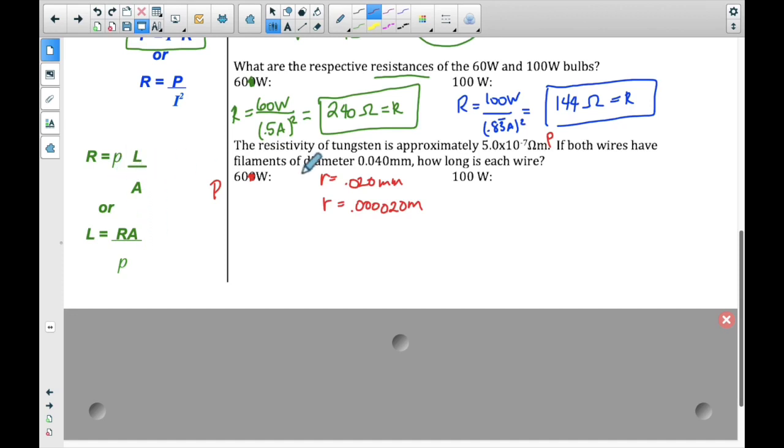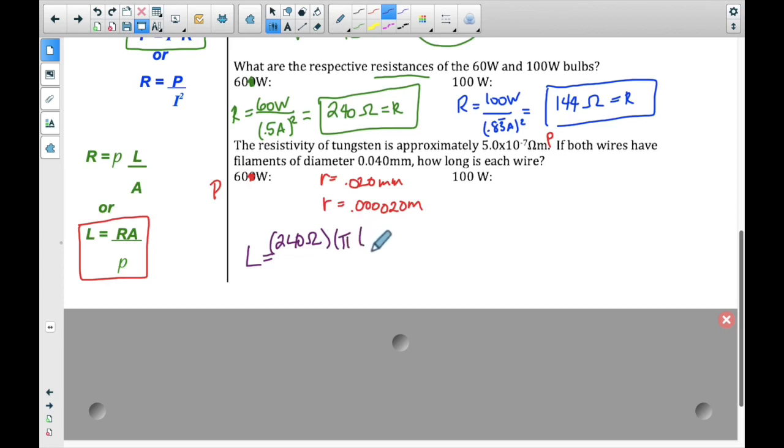If I rearrange that for length, because I'm solving for length, I'm going to multiply by A, divide by rho, and I get my length. So I'm going to use this formula now to solve for my length. Okay, the length is the resistance times the area divided by rho. We have resistance already. It's 240 ohms. The area is pi r squared.